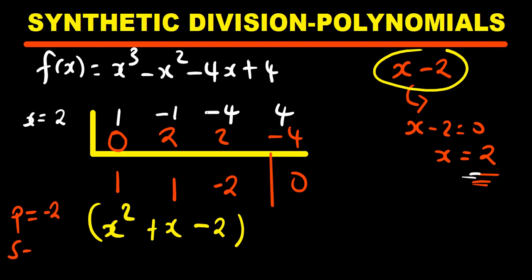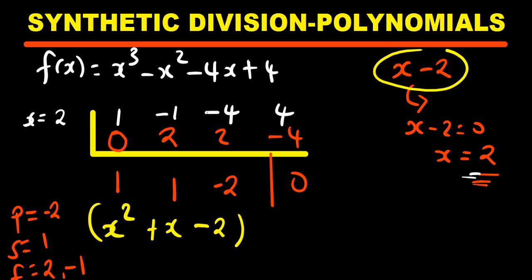Our sum is just 1. Which two numbers can we multiply to give us -2, but when you add them, they give us a positive 1? You realize there's 2 and -1. When you multiply these, they give you -2. When you add them, they give you a positive 1.